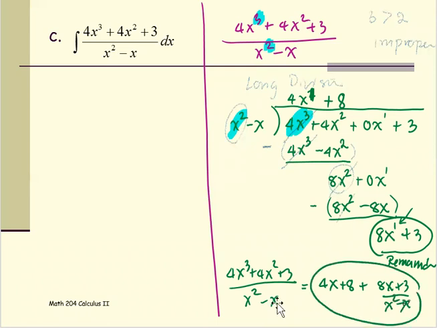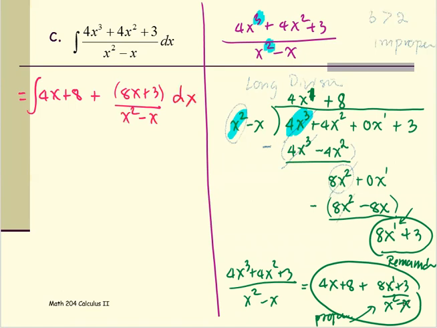So now we have the whole expression plus the proper fraction, because the remainder has a lower power than the denominator. Back to the main problem: this now becomes the integral of 4x plus 8, added by the quantity 8x plus 3 divided by x squared minus x, with respect to x.